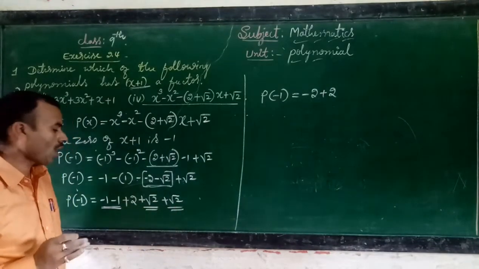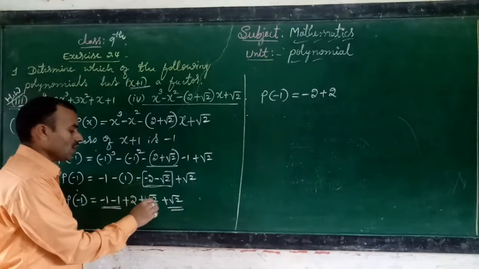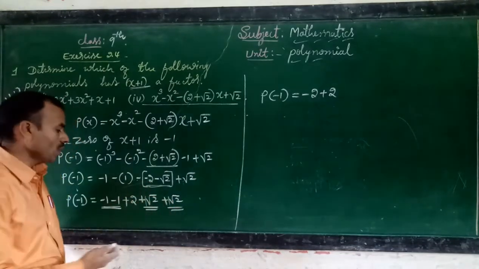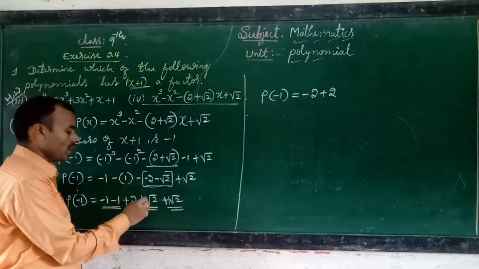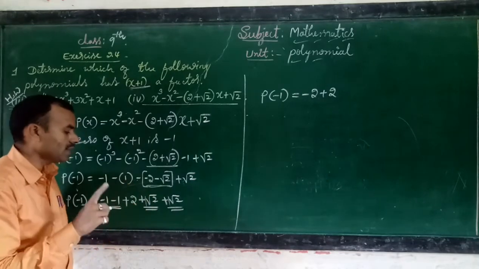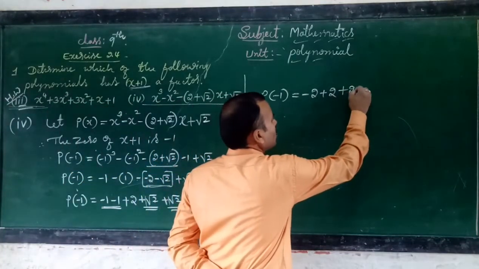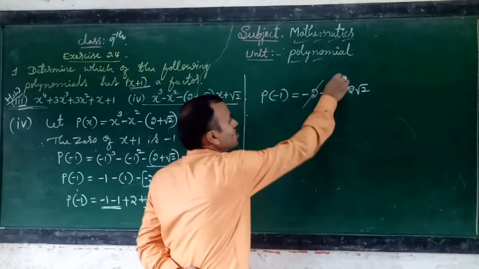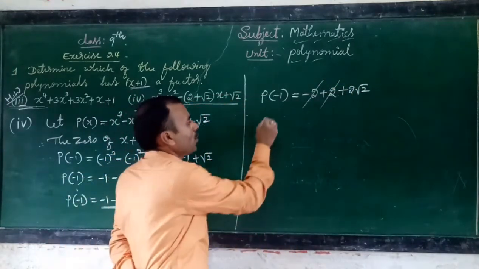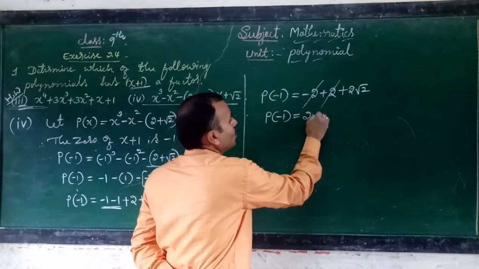We already know how to add the surds, by adding only the coefficients of the surds. Root 2: here 1 root 2 and plus 1 root 2. Here the coefficients should be added, that is 2 root 2. Here minus 2 and plus 2 get cancelled. P of minus 1 is equal to 2 root 2.